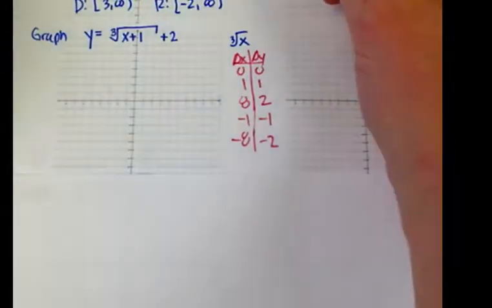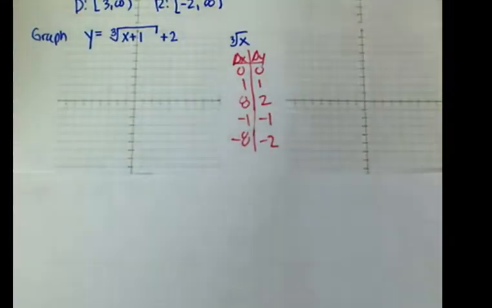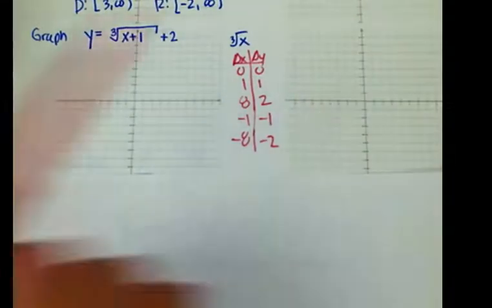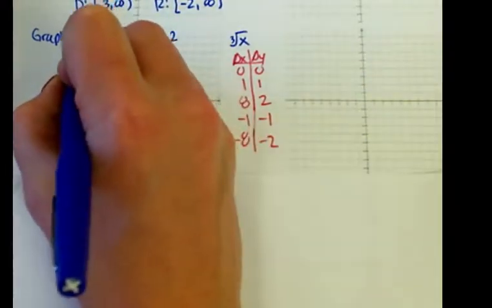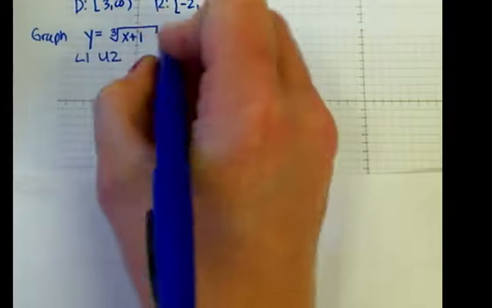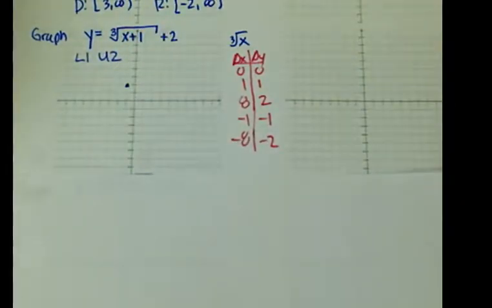Can I square root a negative? No. Okay, so there are no negatives in this table up here, but there are negatives in this table. So you've got left 1, up 2. Give me your best attempt at what you think those count values are going to do to your graph.